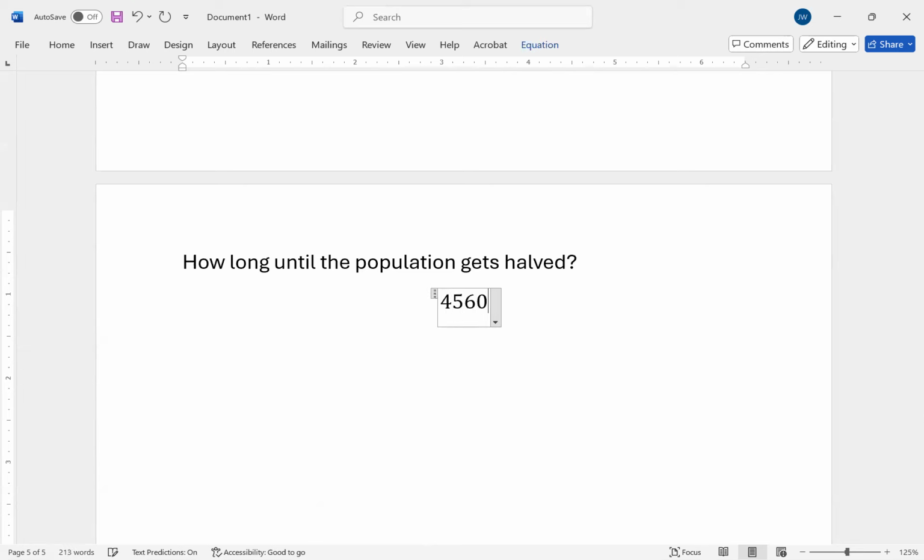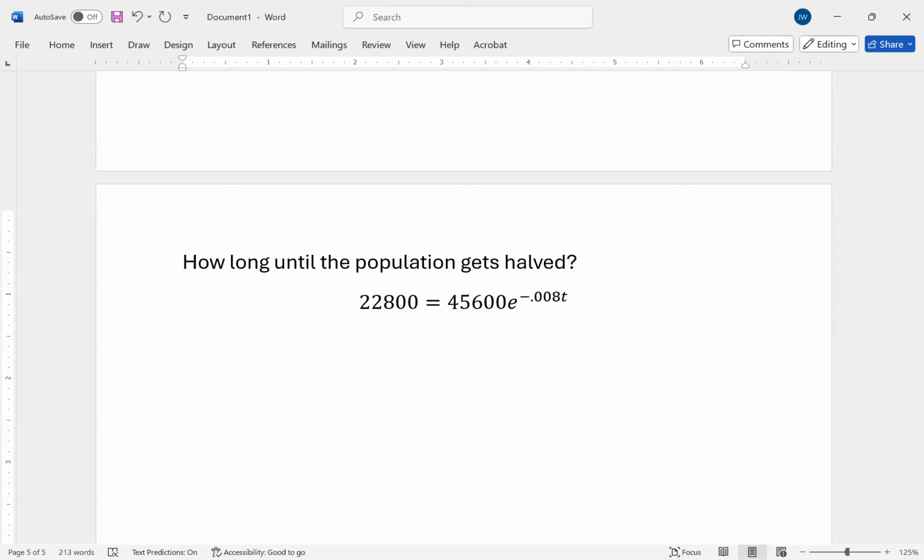Well, we start out with 45,600. If I were to cut that in half, that would mean I would halve the 45,600 and get 22,800. So how long until the population gets cut in half? That would require me to solve this problem.